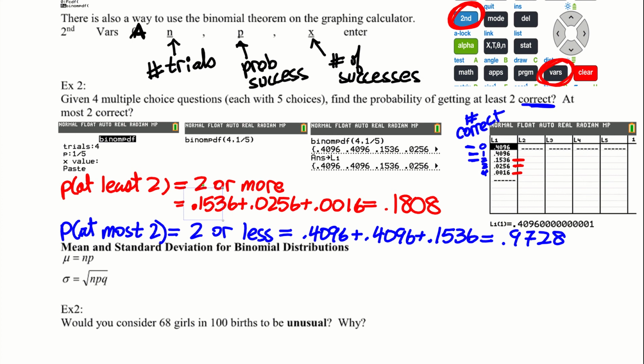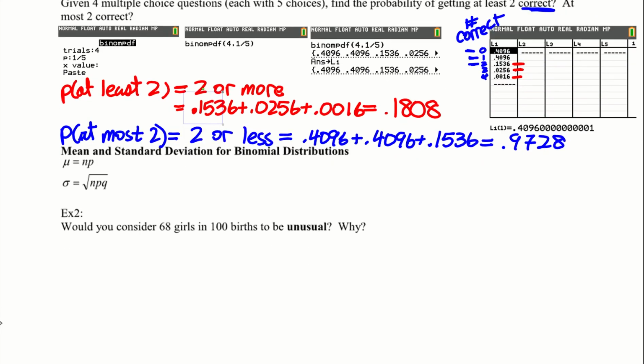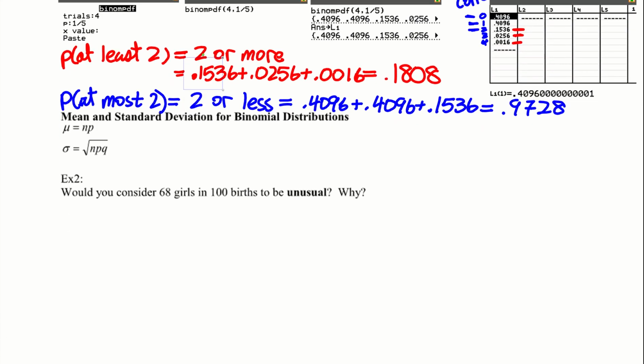It turns out there's some nifty shortcuts for determining the mean and standard deviation of a binomial situation without actually having to create the distribution like we've been doing. All right. So for that, it's just as simple as taking the number of trials and multiplying it by the probability of success. But it needs to be a binomial distribution, which means those four conditions need to apply.